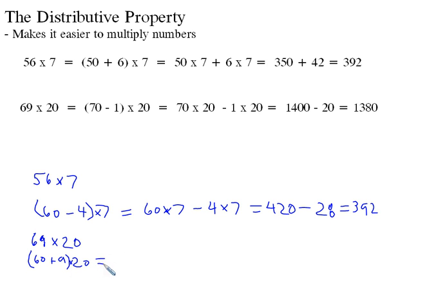If I do that, 60 times 20 plus 9 times 20. So that's going to be 60 times 20, that's going to be 1200. And then that's going to be 180 for the 9 times 20. And then you got 1380.